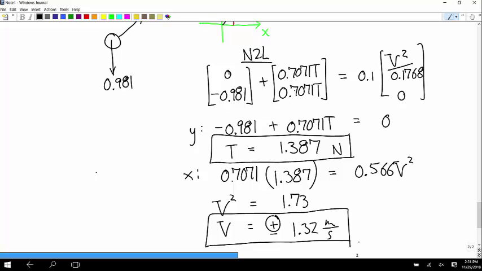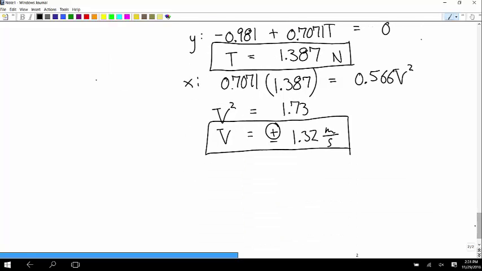Let me do this same problem one more time, but do it on the other side of the pole so you can see how the directions of everything work out if you do it on the left side. No, the right side, stage left.